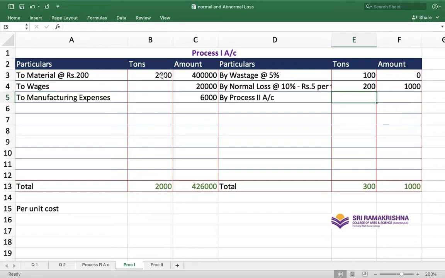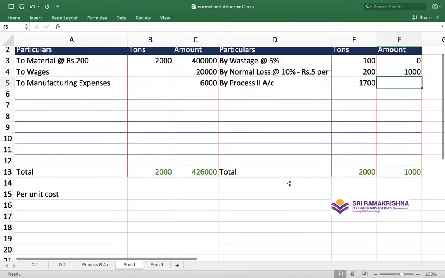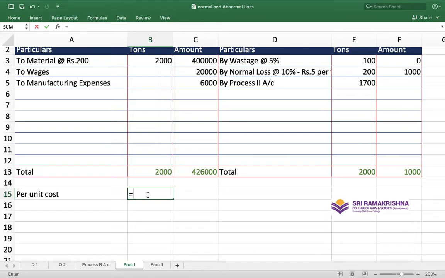So totally it was 2000 input. Out of the 2000, when you subtract this 300, the balance is 1700 units. To find the per unit cost which is going to be transferred from process 1 to process 2 account, per unit cost equal to 4,26,000 minus 1000, which is the scrap value, divided by 1700 tons.